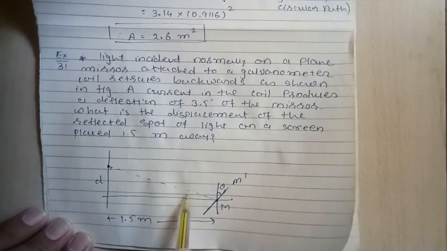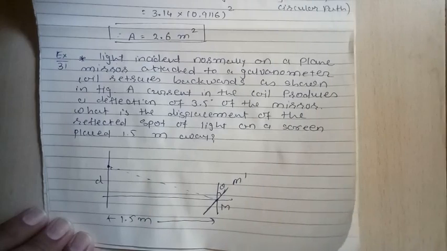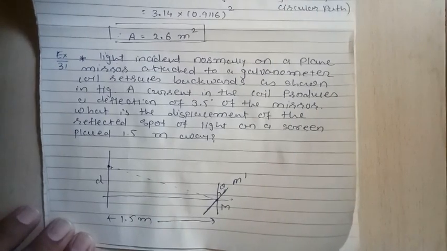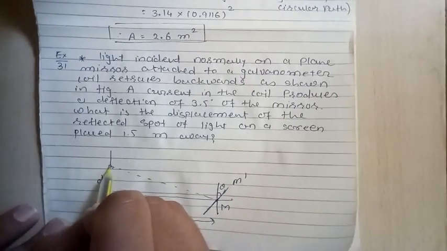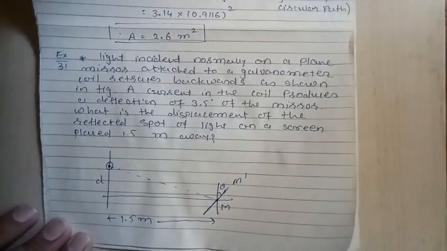So here this is the angle which is 2 theta. Hence the reflected point will be obtained at some point here, this point.